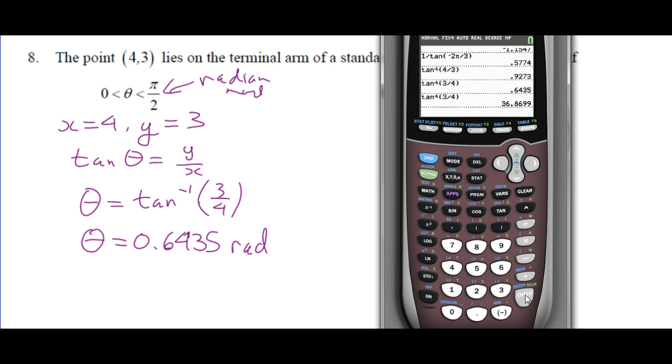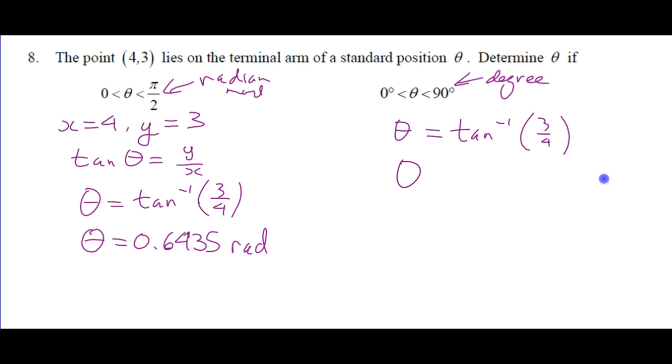Depending on rounding, it's anywhere from 37 degrees to 36.9 to 36.87 to 36.870. We would tell you. So I'm going to go with 36.87 degrees.